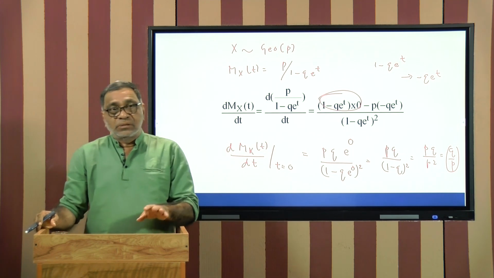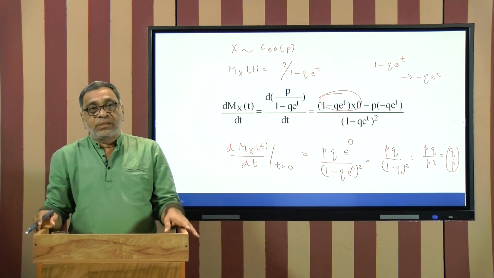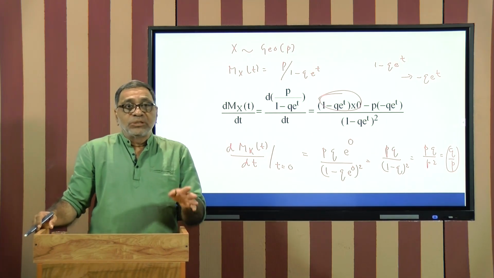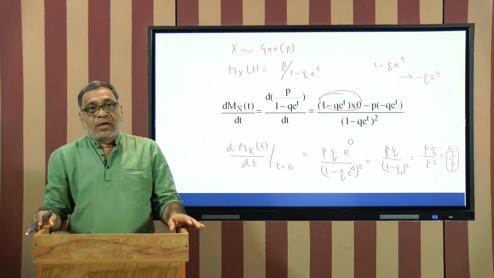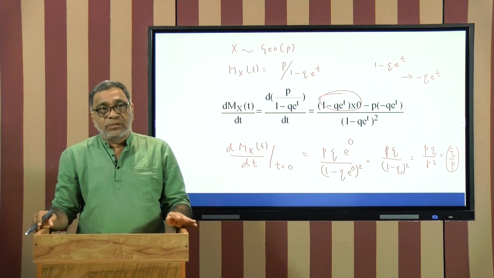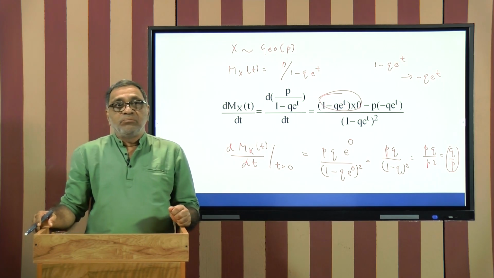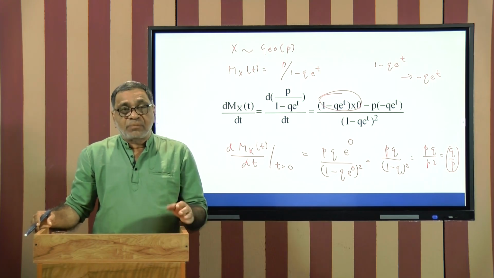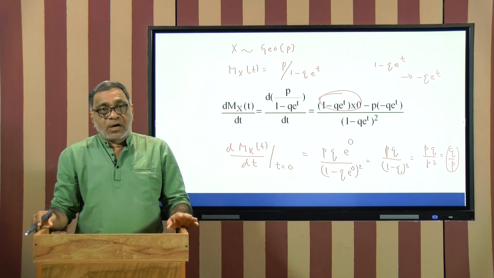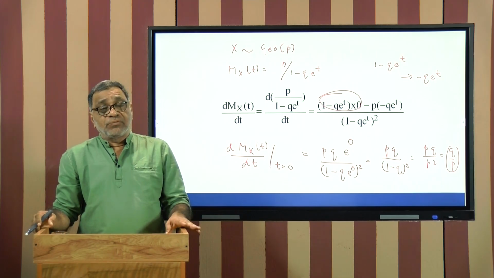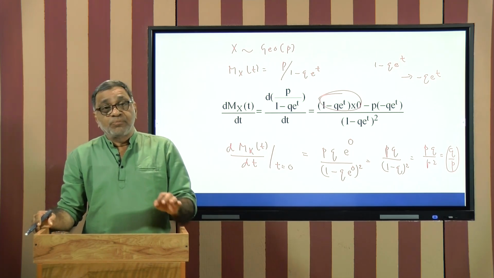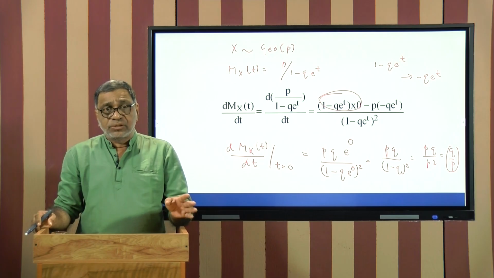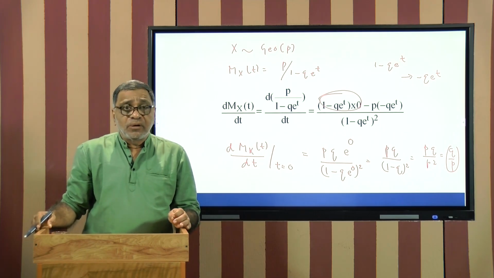Now, this is the way in which we calculate the mean value using the moment generating function. The technique of finding the mean or other arbitrary moments is differentiating the moment generating function with respect to t and putting t equal to 0. That is one of the ways of finding the arbitrary moments.